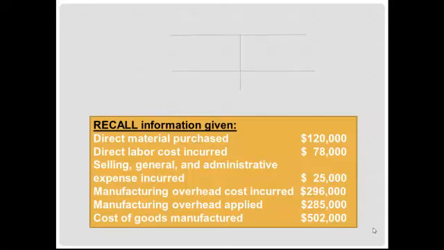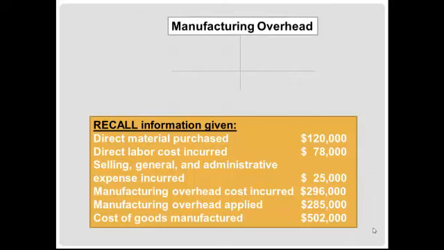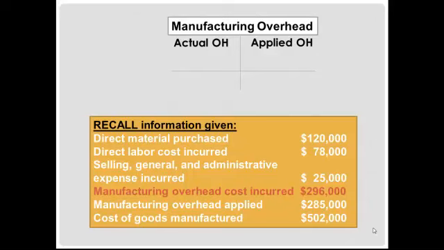So I put the information that's given back up here. This is simply the information given in the problem. We will use an overhead T account to analyze this. And remember, actual overhead goes on the debit side, and applied overhead goes on the credit side. So in this problem, you see there in red, actual overhead cost incurred was 296,000.